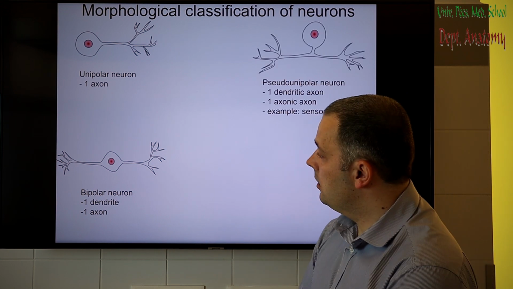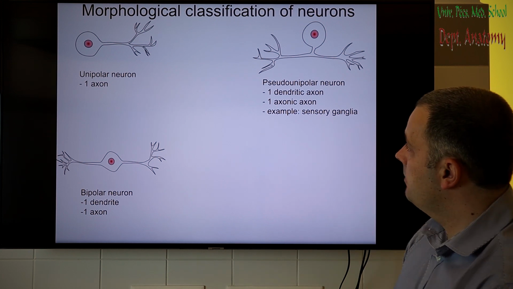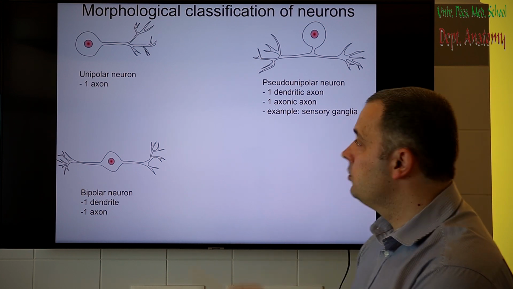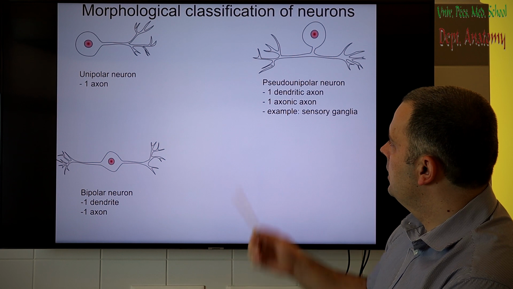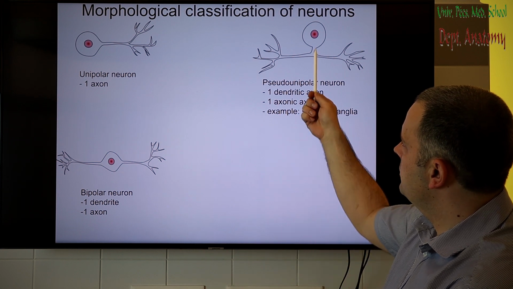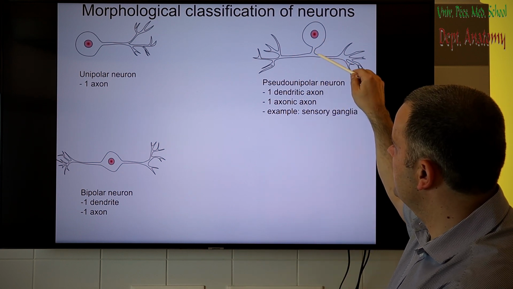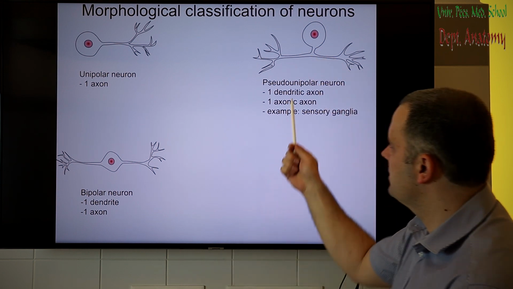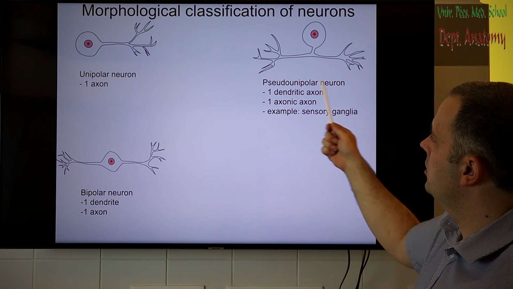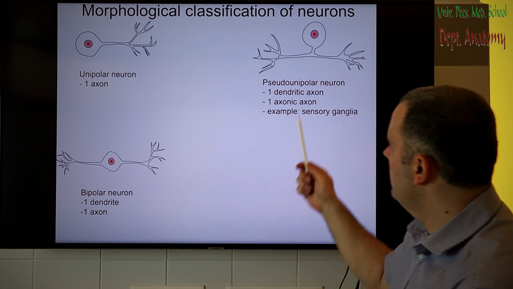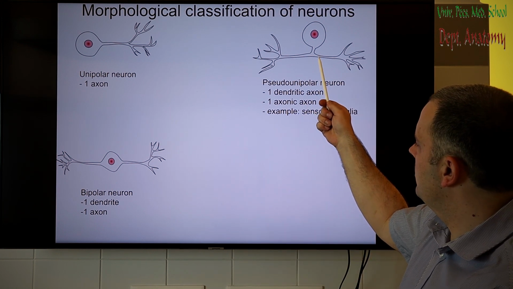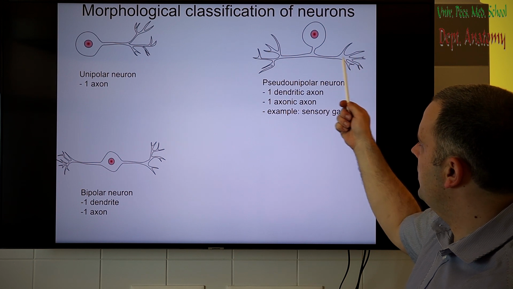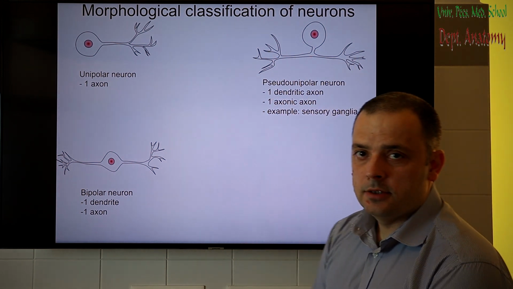And then what I would like to detail a little bit more is the so-called pseudo-unipolar type of neuron. The name refers to the fact that it has one single process that after a very short distance splits into two branches, so it's a fake unipolar, pseudo-unipolar neuron, which has principally one process towards the periphery, one that goes to the center.